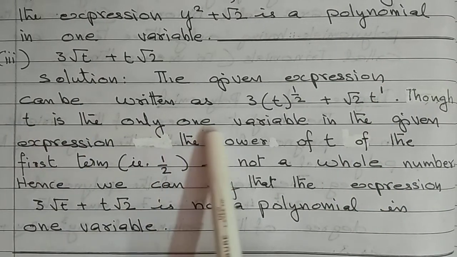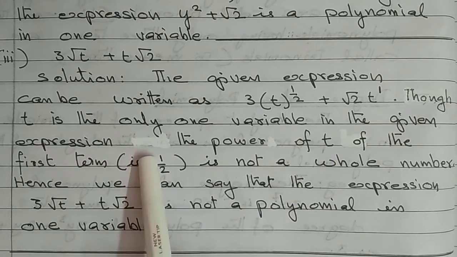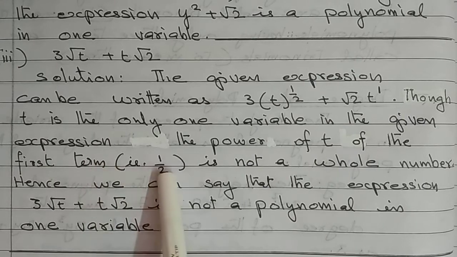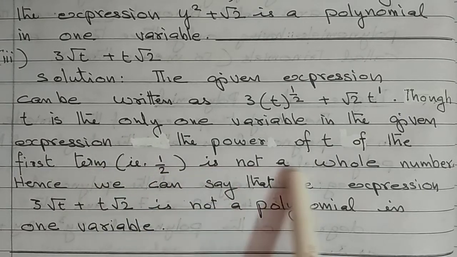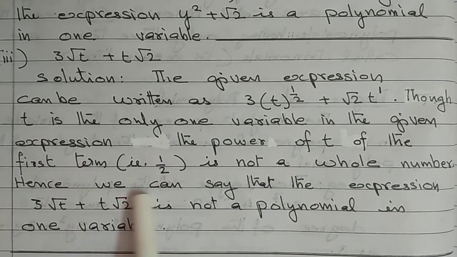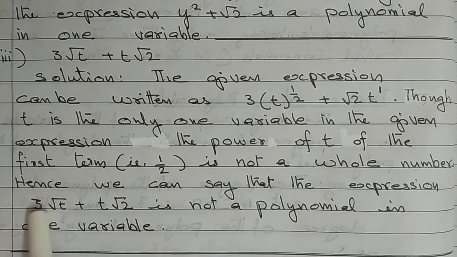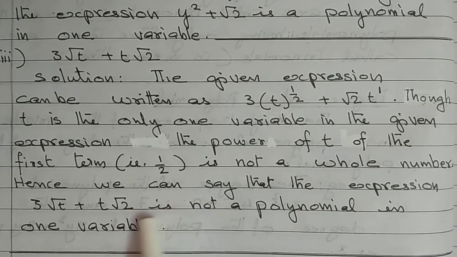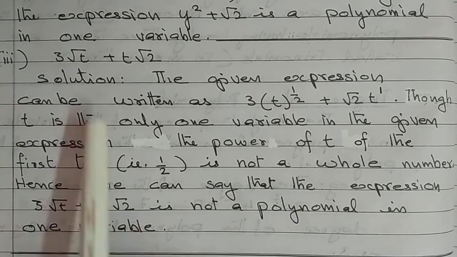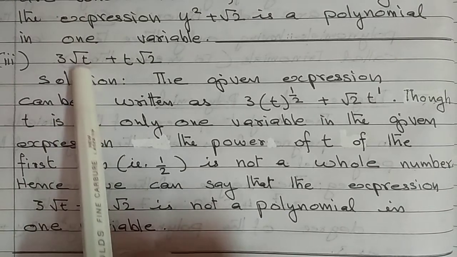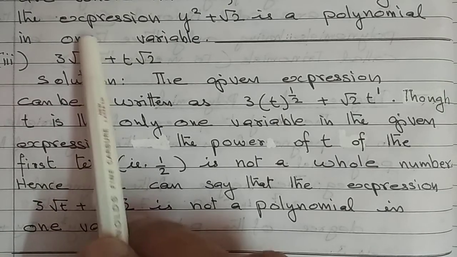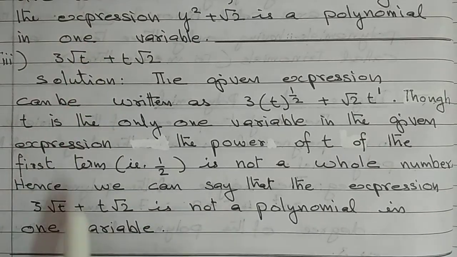Though t is the only one variable in the given expression, the power of t in the first term is 1 by 2, which is not a whole number. Hence, we can say that the expression 3 root t plus t root 2 is not a polynomial in one variable. In a polynomial, the power should not be negative or a fraction. Here it is 1 by 2, a fraction, so it is not a polynomial.